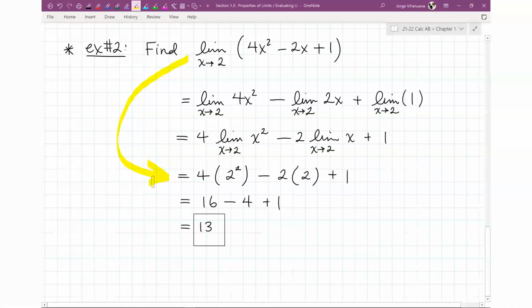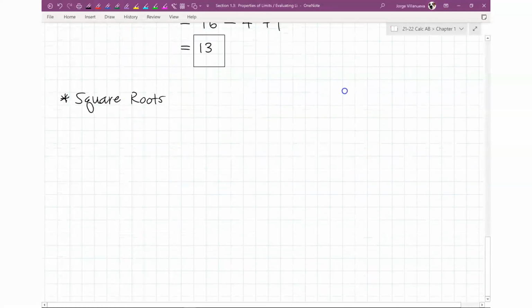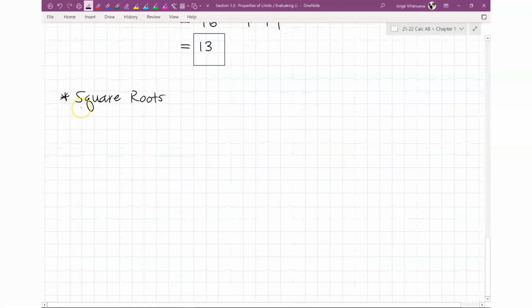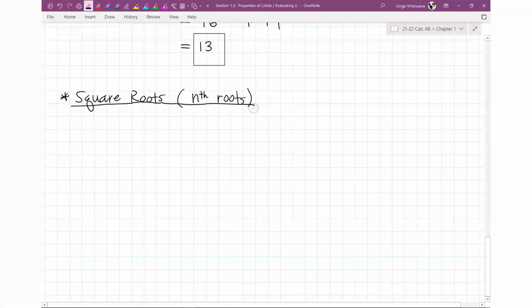Now, you can do the same thing with square roots as well. If you happen to have a square root in a function, you can still plug in. So square roots, or nth roots, in other words, any root.